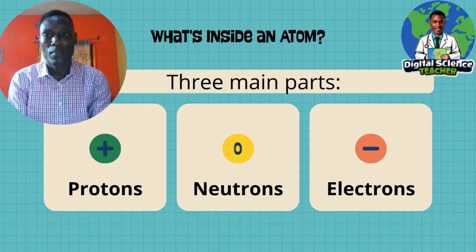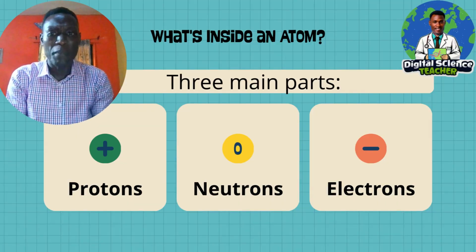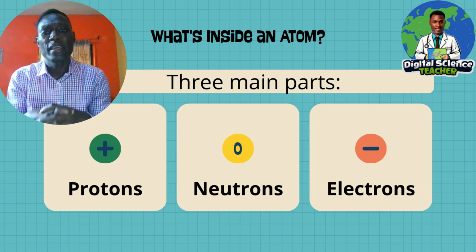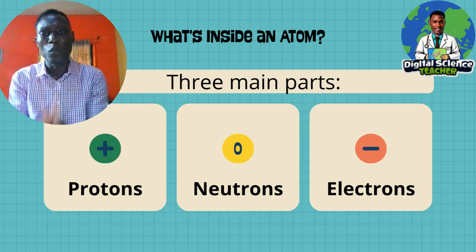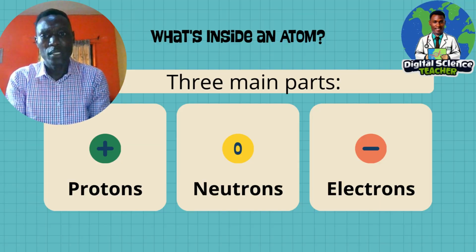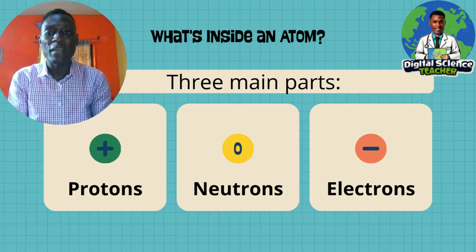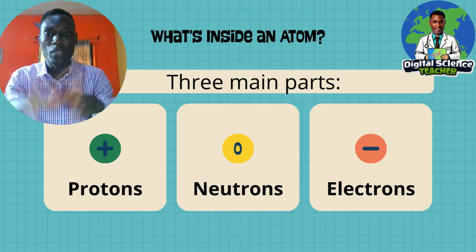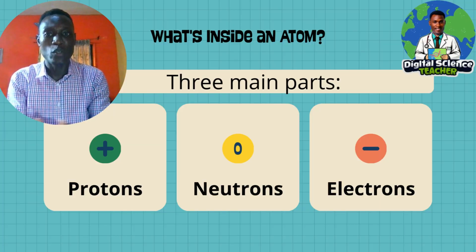So, what are the three subatomic particles? The three main parts or subatomic particles include the proton, the neutron, and the electron. The proton, as we have discovered before, is positively charged and it is located at the middle or the nucleus.